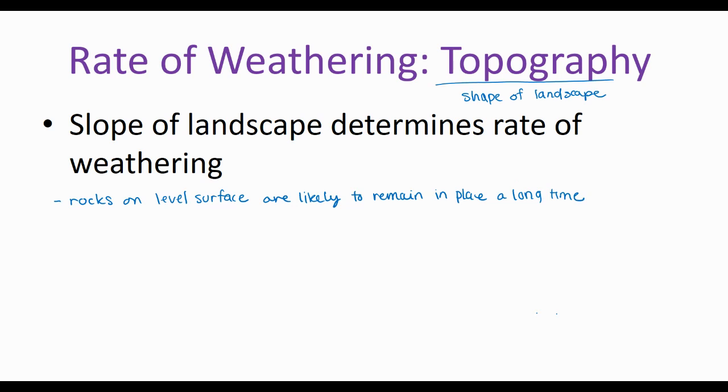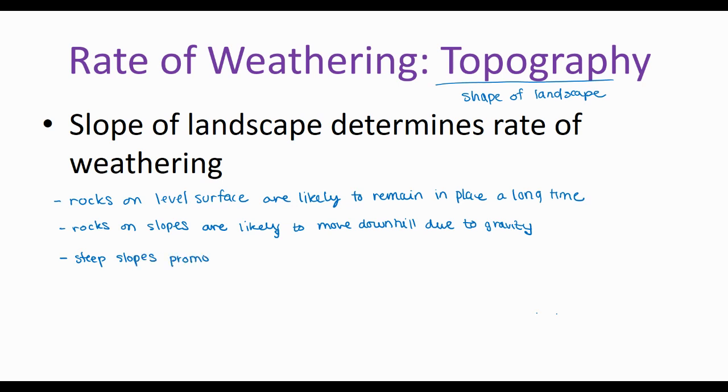Meanwhile, rocks that are on slopes are more likely to move downhill due to gravity. So you'll see that steep slopes often have more erosion because of this.